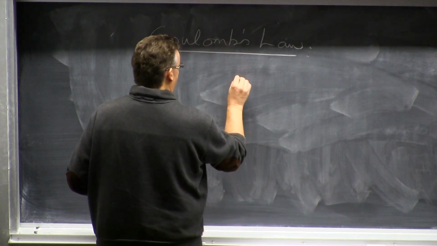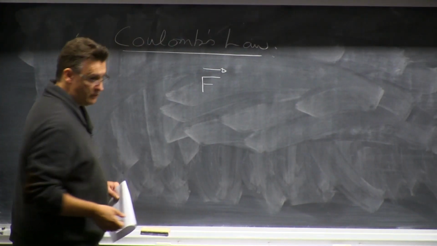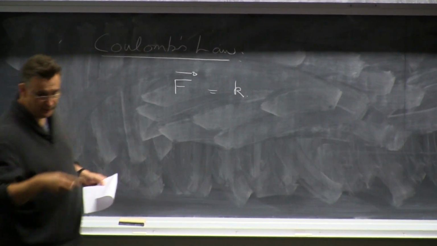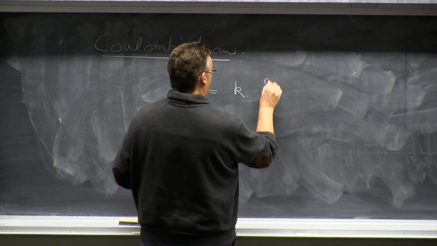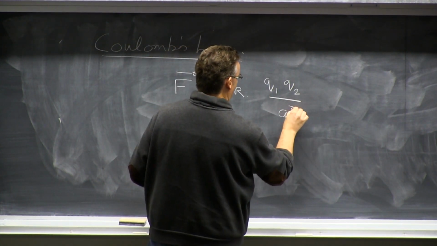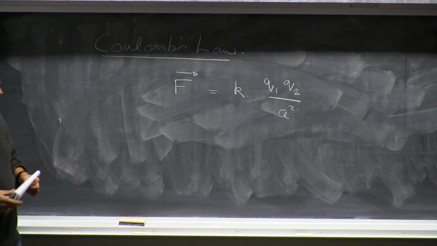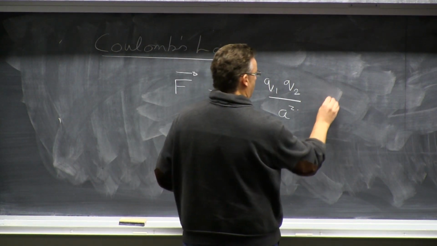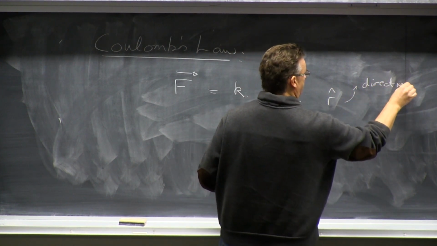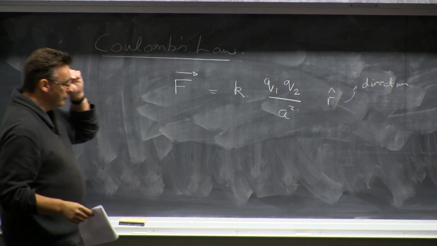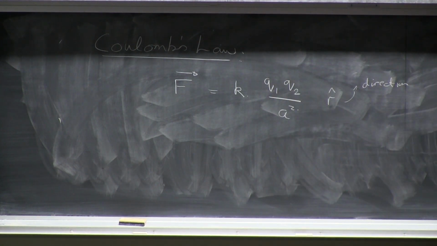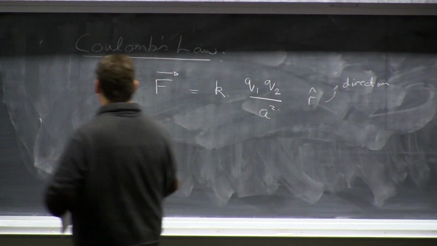There's a vectorial form that says the force is equal to a constant k, which we'll come back to in a second, Q1 Q2 over A squared, the separation. And then there's a unit vector, something that tells us what direction. So this thing tells me direction. It could be along the i, j, or some other axis.